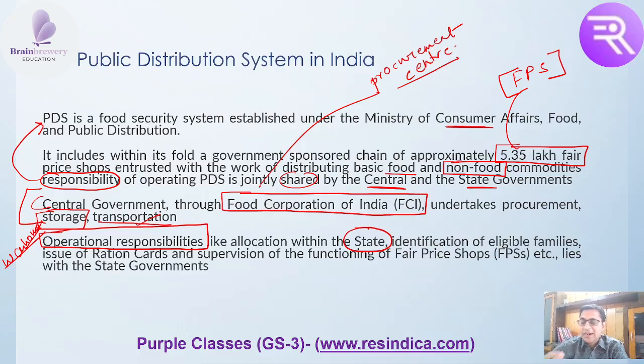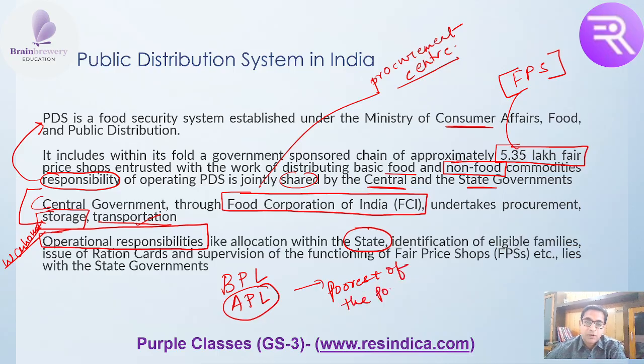The states have to identify who are the eligible beneficiaries, who has a ration card and who does not, and what category people fall in: below poverty line, above poverty line but just on the borderline, and Antyodaya Anna Yojana people, the poorest of the poor.